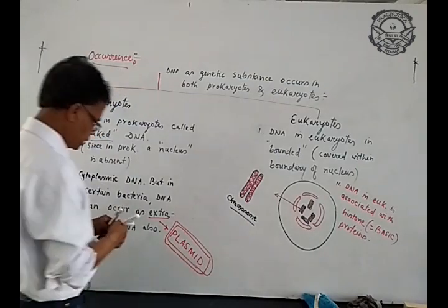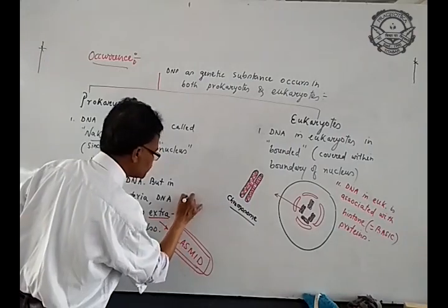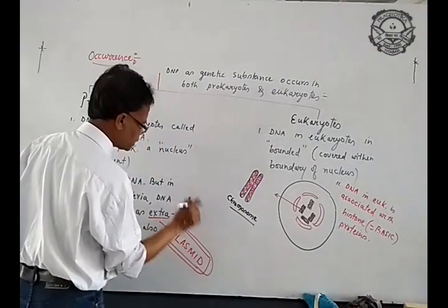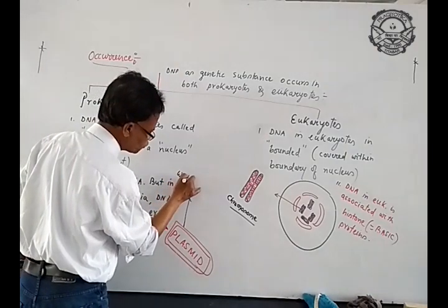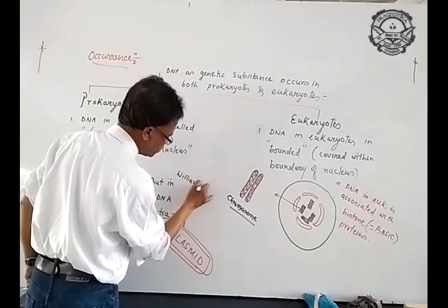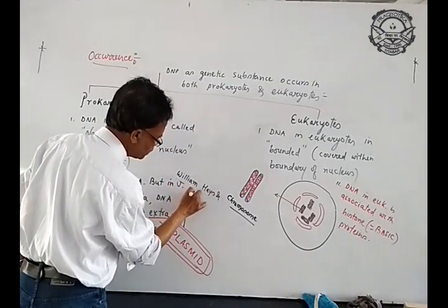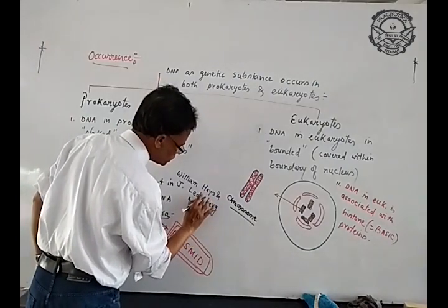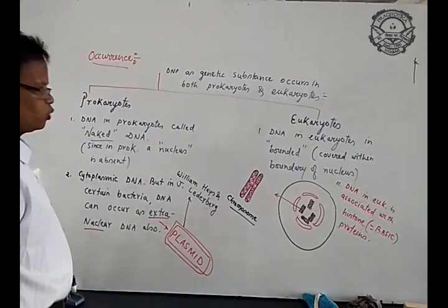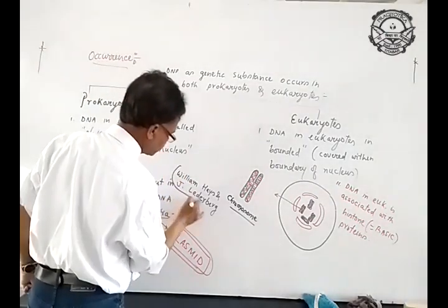Plasmids were discovered by William Hayes and Joshua Lederberg. It is again a very important terminology. Joshua Lederberg and William Hayes discovered plasmids in certain bacteria.